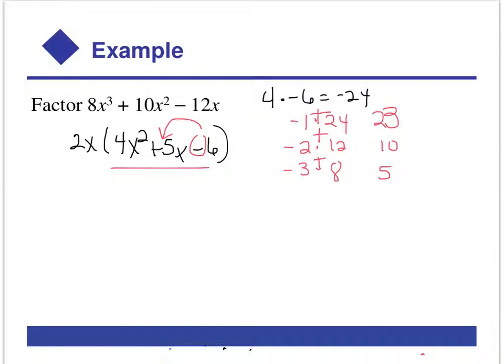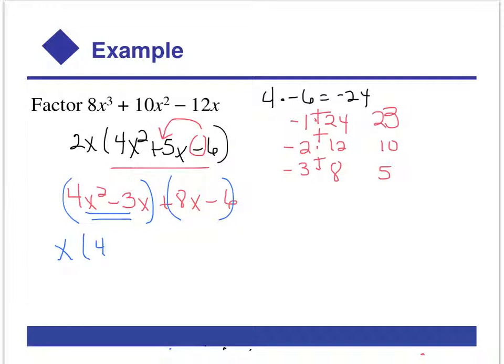So we leave the 2x, kind of ignore it for a minute. Let's just do the 4x squared minus 3x plus 8x minus 6. Now we're going to factor by grouping. What do these have in common? Just an x. So I'm left with 4x minus 3.